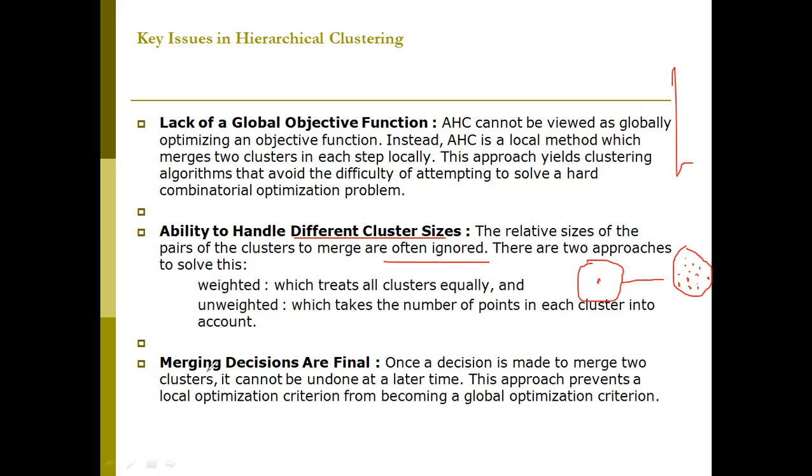Coming to the third issue, merging decisions are final. Once a decision is made to merge two clusters, it cannot be undone at a later time. If you have chosen the clusters to merge, then you perform that merging, and there is no need to come back from that, isn't it?